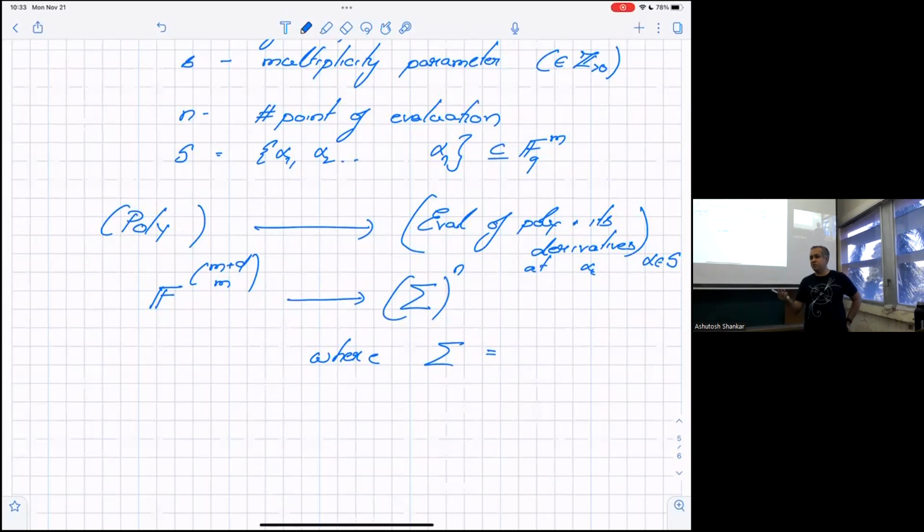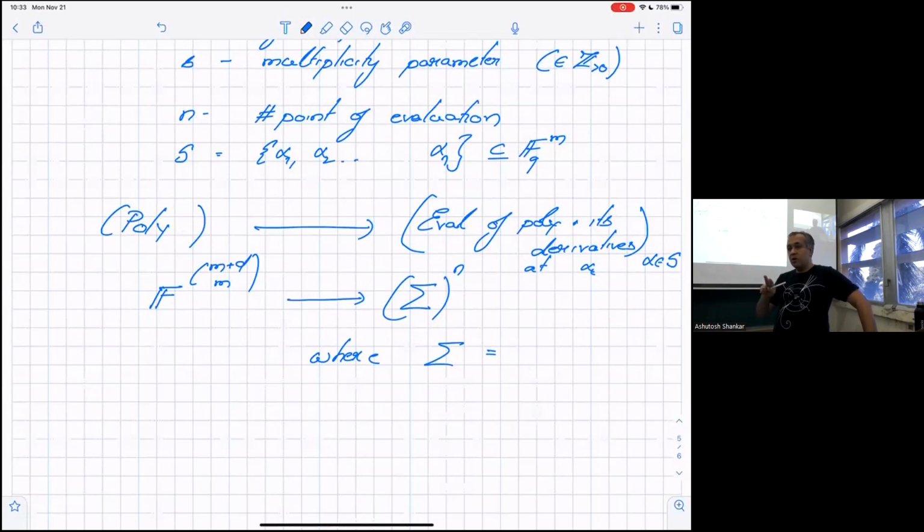Say S is 2. Then you give the 0th order derivative, the first order derivative in X, and the first order derivative in Y. Suppose S is 3. Then you give the 0th, first and second order derivatives in X, and likewise in Y.